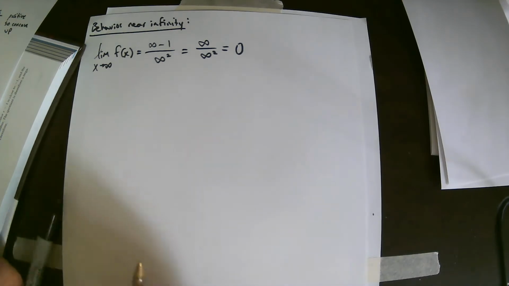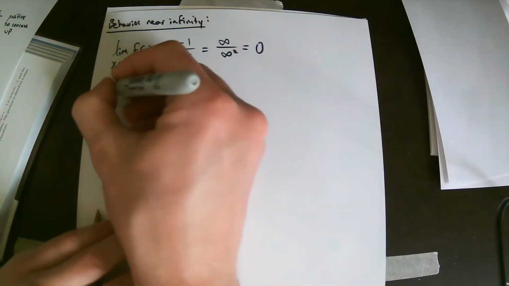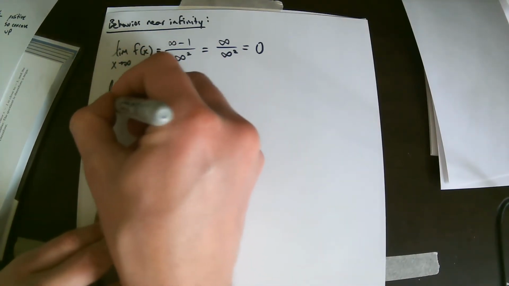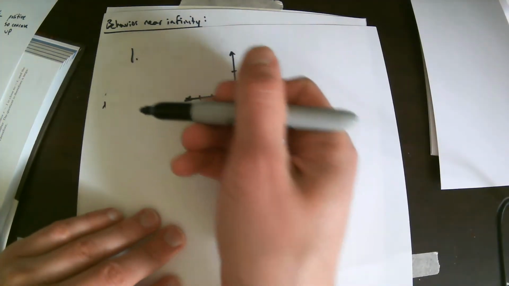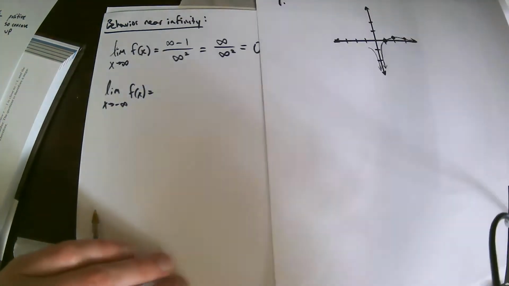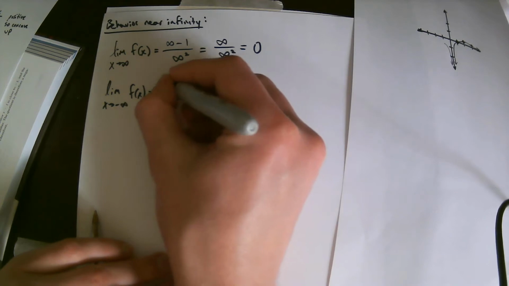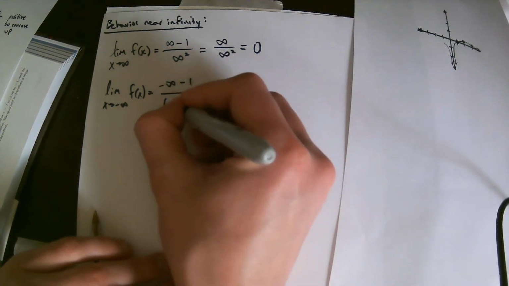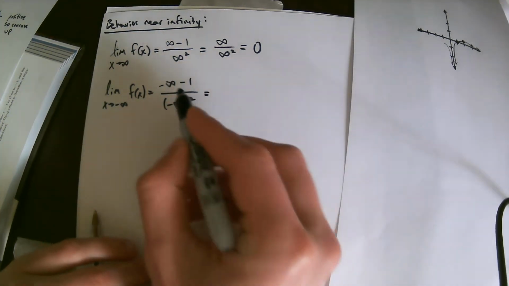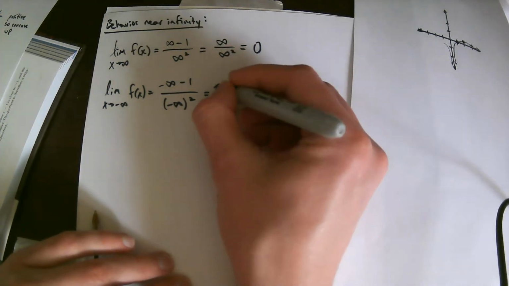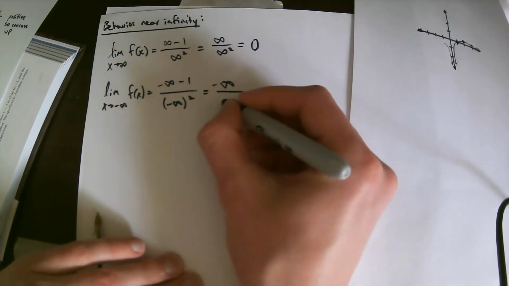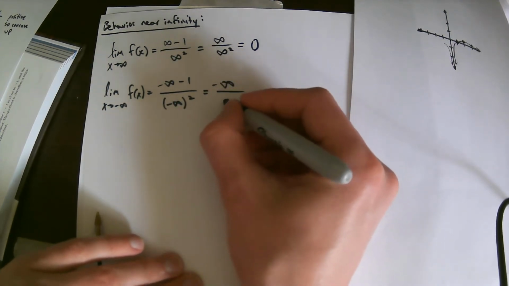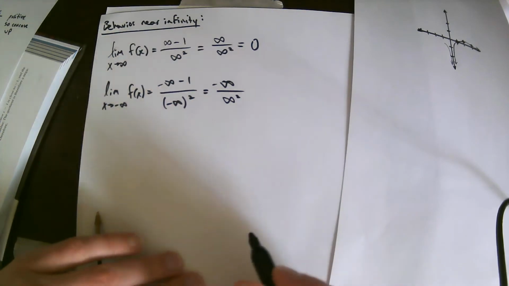And what about the other side? Let's look as x gets very large in the negative direction. I'm going to have negative infinity minus 1 over negative infinity squared. Negative infinity minus 1, that minus 1 is just going to be absorbed. Negative infinity squared is infinity squared.